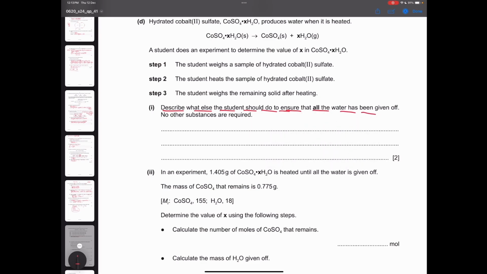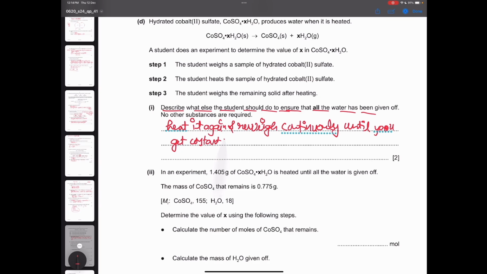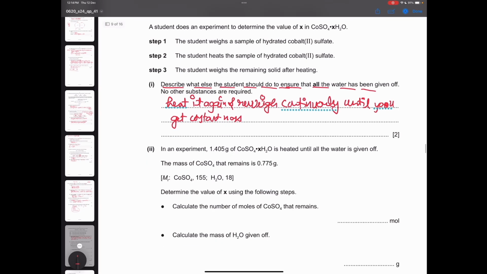If you want to make sure that all water is released, you just heat it again and reweigh continuously until you get constant mass. See, if the mass is not changing anymore, it clearly means all the water is gone away, right? Until you get constant mass.